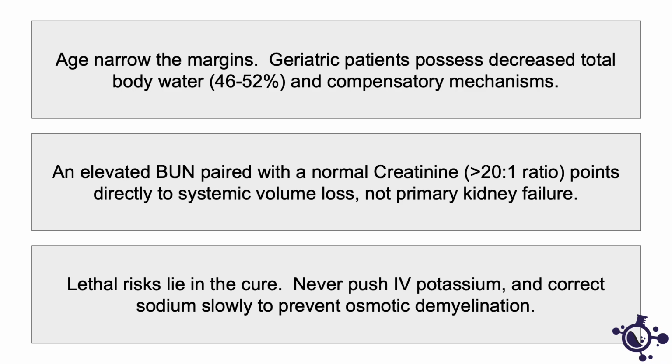When you have an elevated BUN paired with a normal creatinine and the ratio is greater than 20, this tells us that we strictly have a systemic volume loss issue. We don't have a kidney failure issue, okay? So our treatment would be mainly focused on replacing the volume loss, okay?